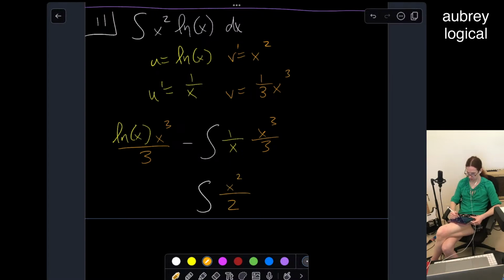x squared over 2, the integral of x squared over 2.